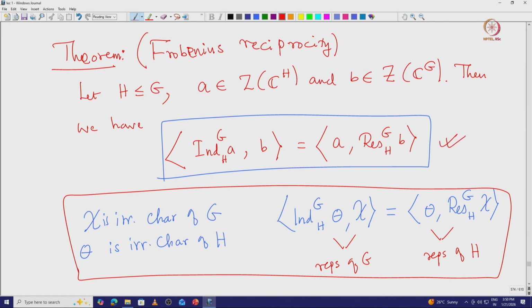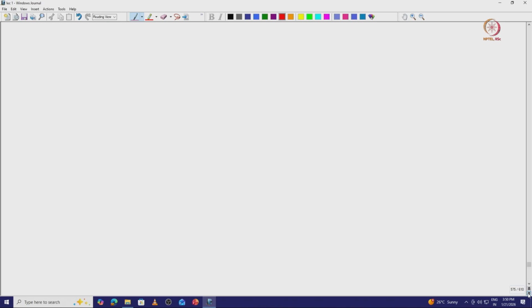So we are going to verify this statement that I have written here. Let us call it star. So this is now just a direct computation, and it follows from the fact that the induction of theta is just given by the induction applied on this theta. Okay. So let us verify this.